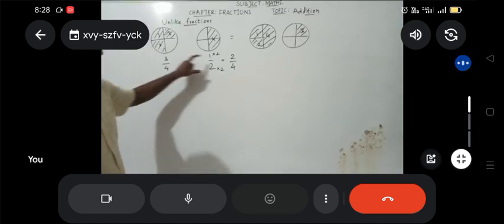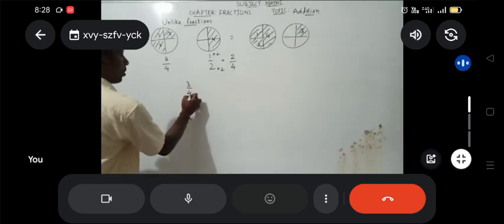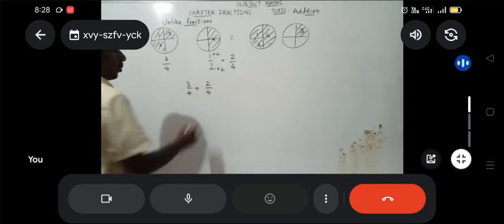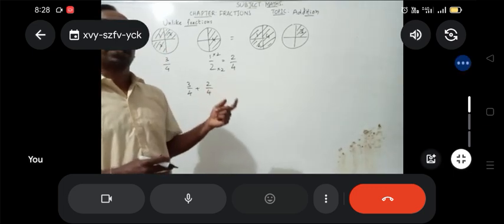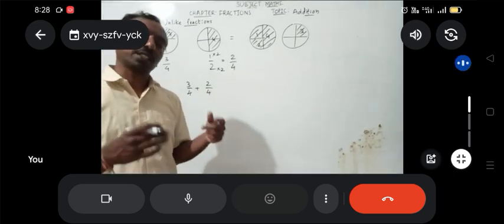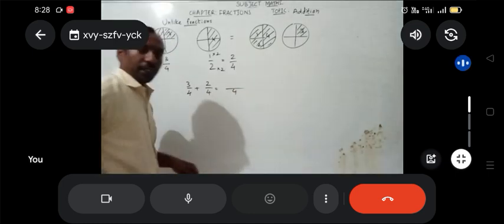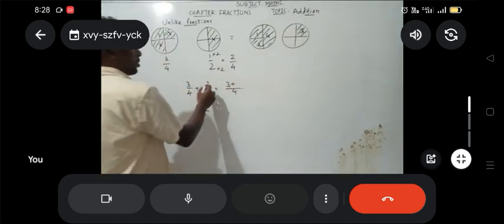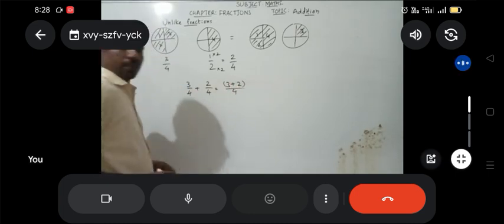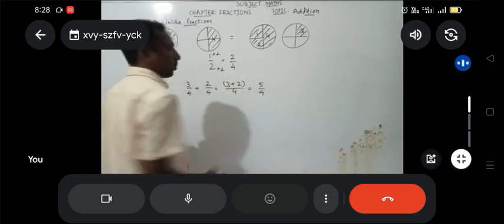So the unlike fractions have become like fractions: 3 by 4 plus 2 by 4. Now you can follow how we did the addition of like fractions. The 4 will be the common denominator. 3 is the first numerator, 2 is the second numerator. You add these two, then it will be 5 by 4.